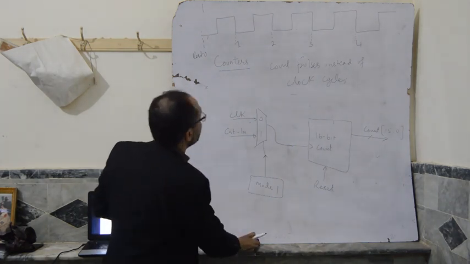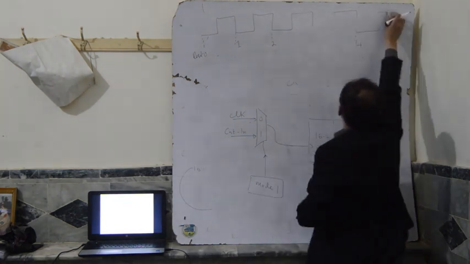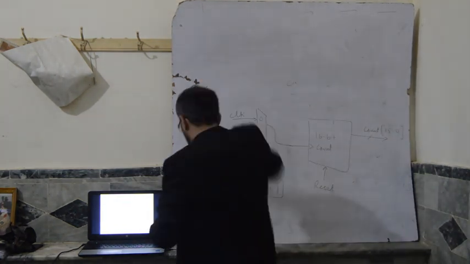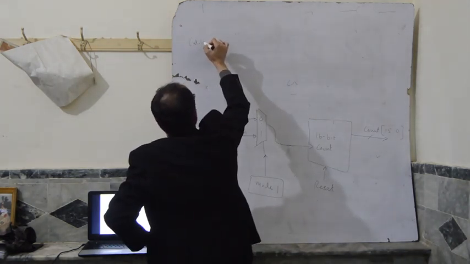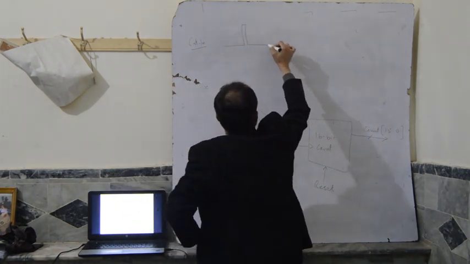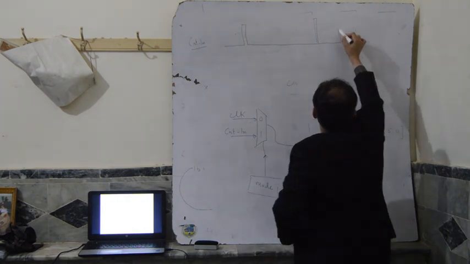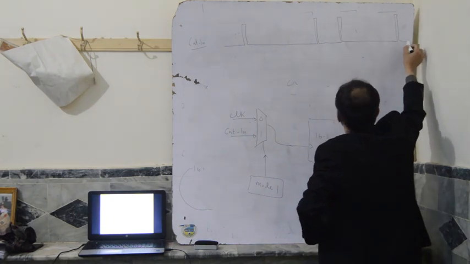pulses. So what is an example of pulses? We can have some kind of pulse. The pulses will look like this. This is count in. So this is pulse 1, this is pulse 2, this is pulse 3, and this is pulse 4.